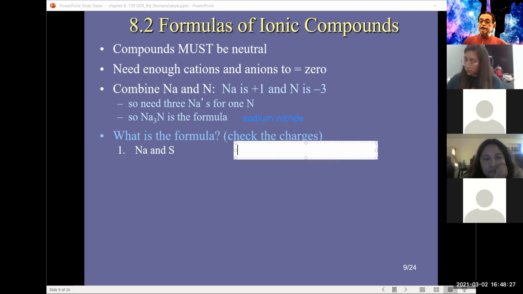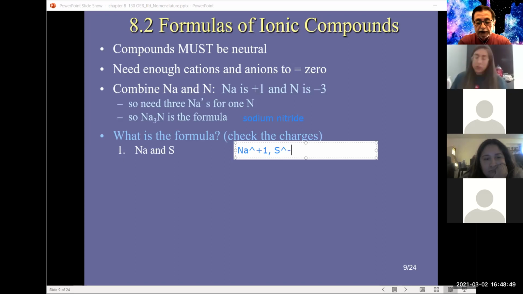And so we already did sodium. So we know sodium has a +1 charge. And sulfur, we don't know what it is, but we go find it on the periodic table. And it is in group 6. It's a nonmetal. So when it becomes ionic, guess what?